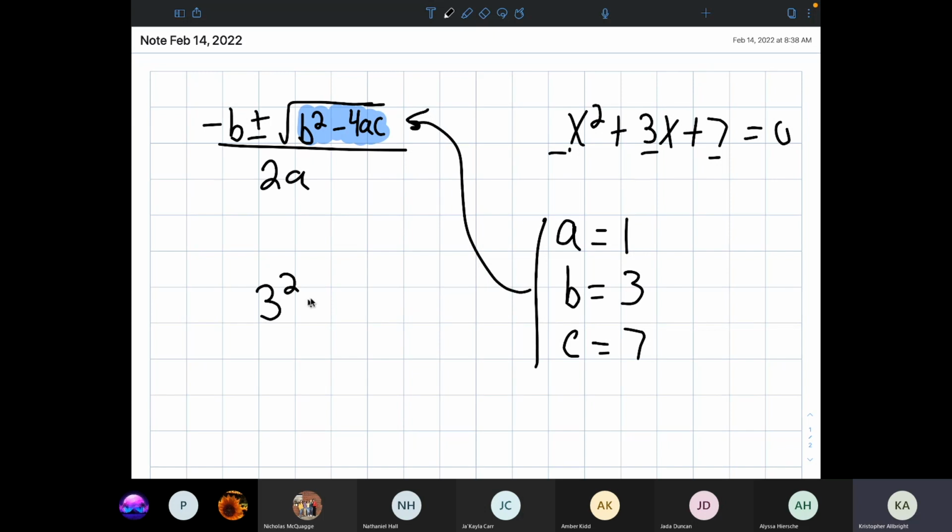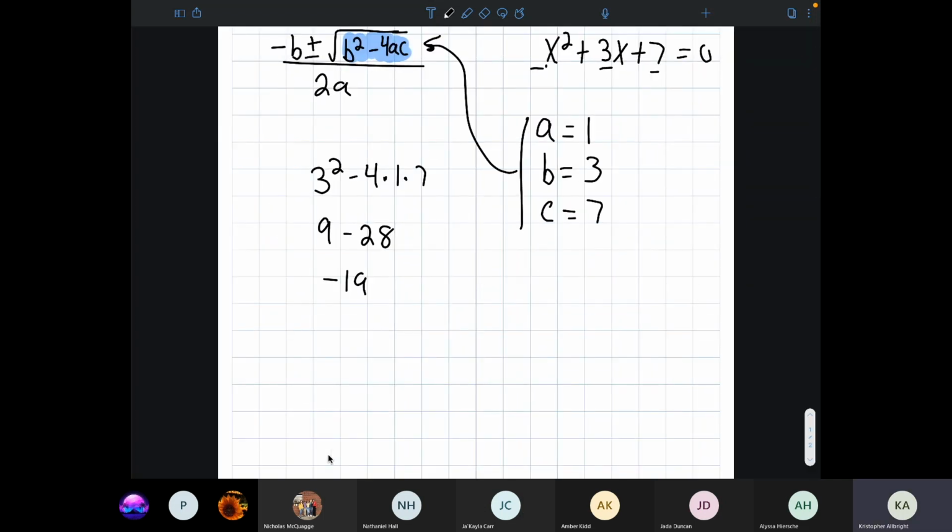So 3 squared minus 4 times 1 times 7. So that's 9 minus 28. I made this one up. So 9 minus 28 is negative 19.